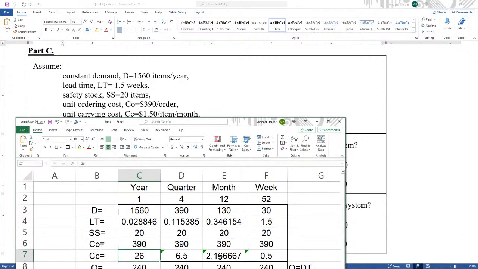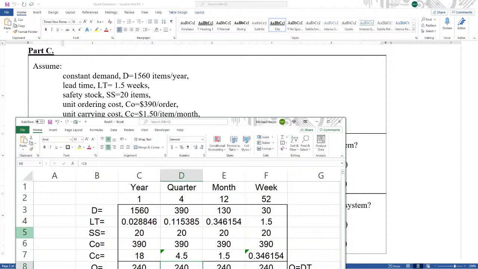So this right here is going to be $1.50 per item per month. Well, per year then, this equals this times 12, and this equals this divided by 4.